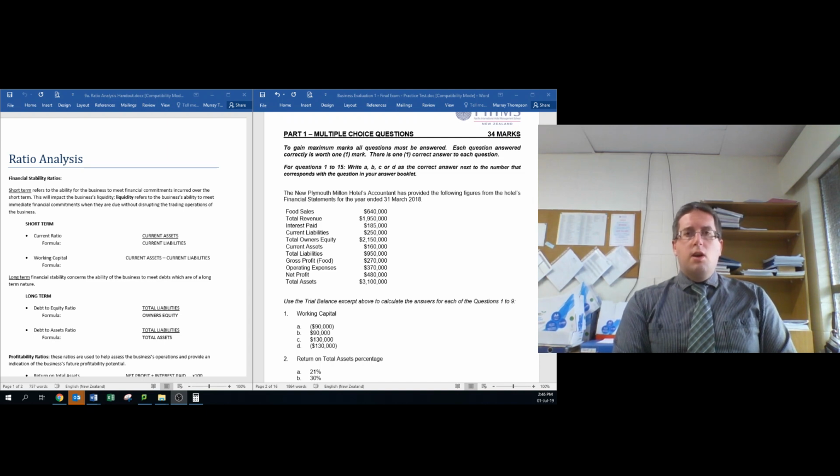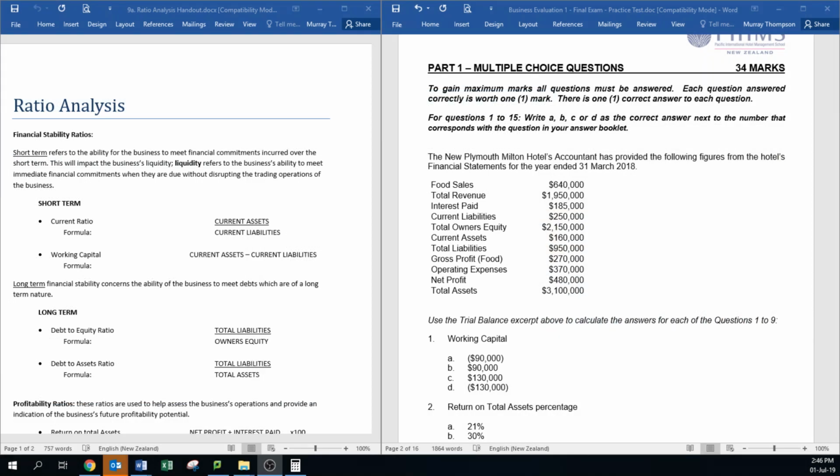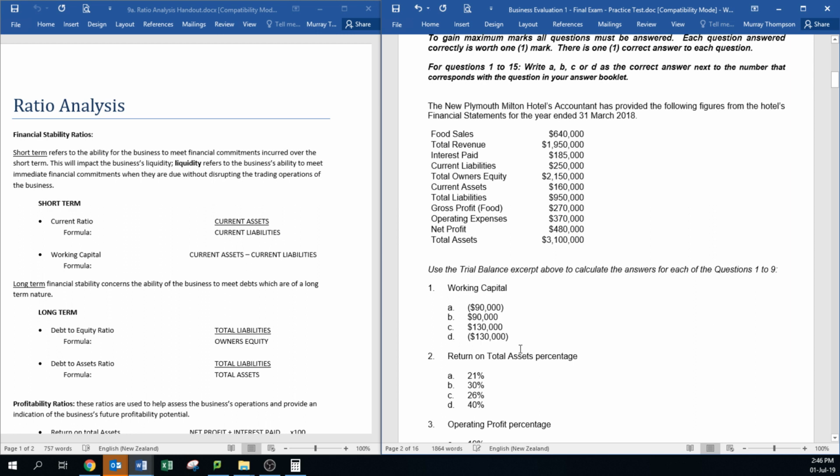I'm just going to guide you through how to do the calculation of the ratios, not all of them. It will be part of the multiple choice question, so once you've calculated it and you're pretty sure that it's right, go and look for the number that is similar to the one you've just calculated and pick that option.